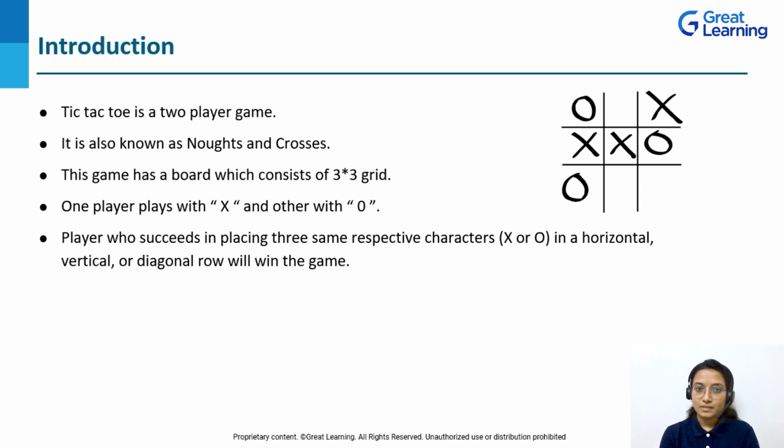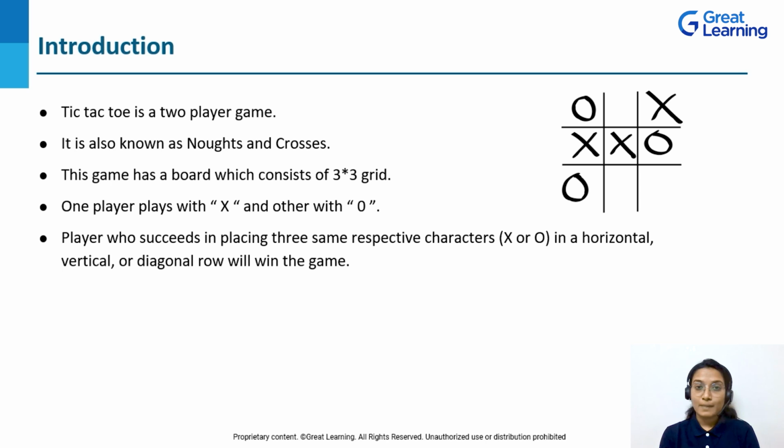That particular player is known to be the winner. So these are the basic rules which we have followed and played in our childhood, and this is what the game is all about. So let's quickly hop into the next step.